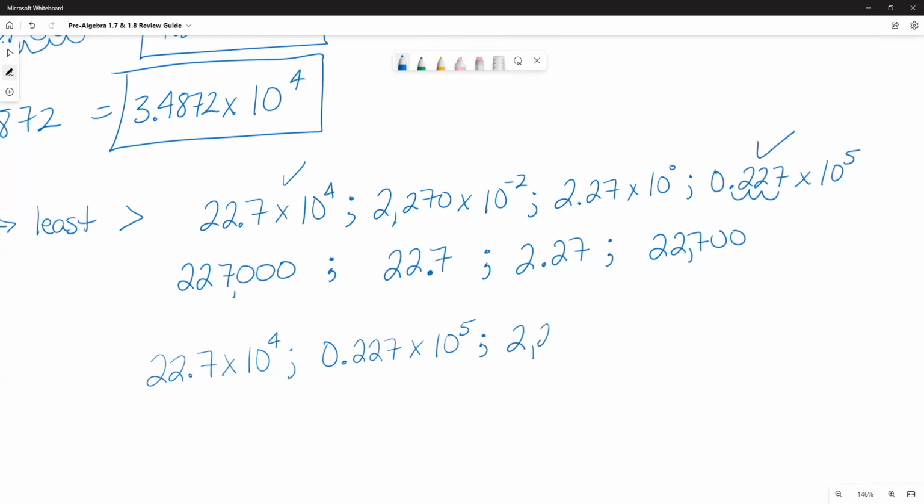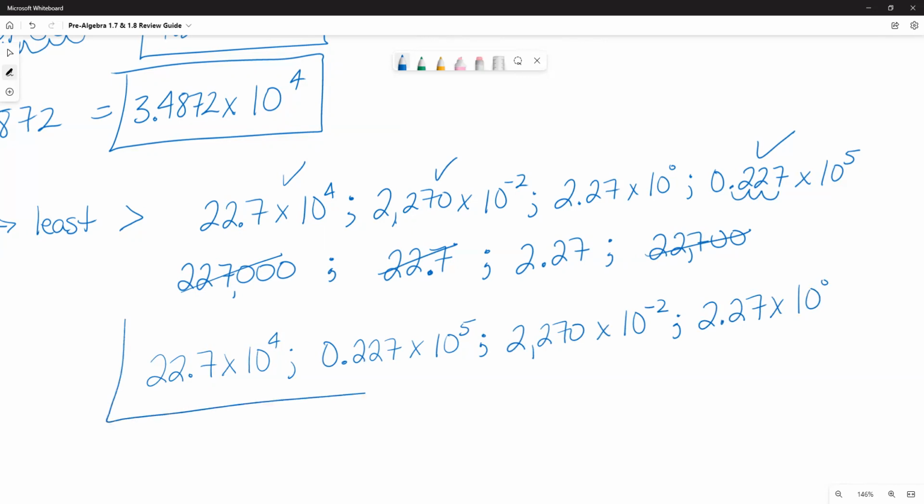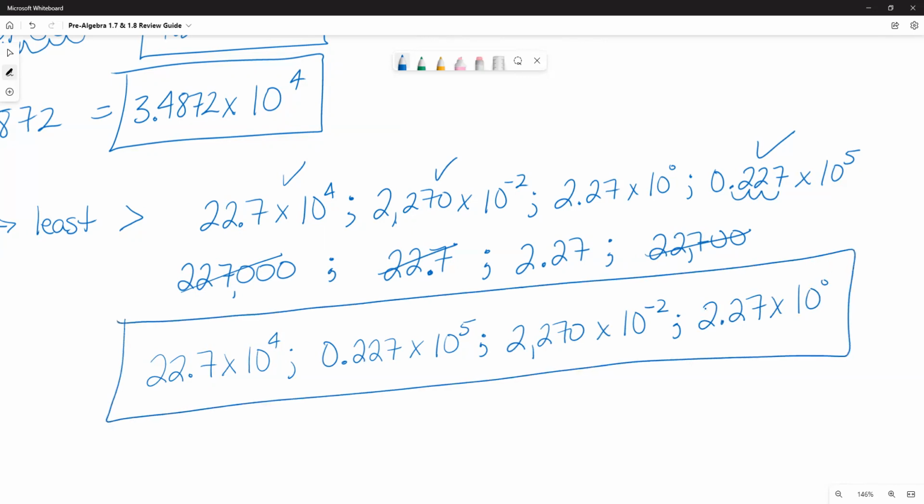The 2,270 times 10 to the negative 2. It's this one, right? Because we got that one, we got that one. Now we're at 22.7. And so Zachary, that means my last one is what? There you go. There we go. Too quick. I can write it on paper, but saying it out loud becomes very different.